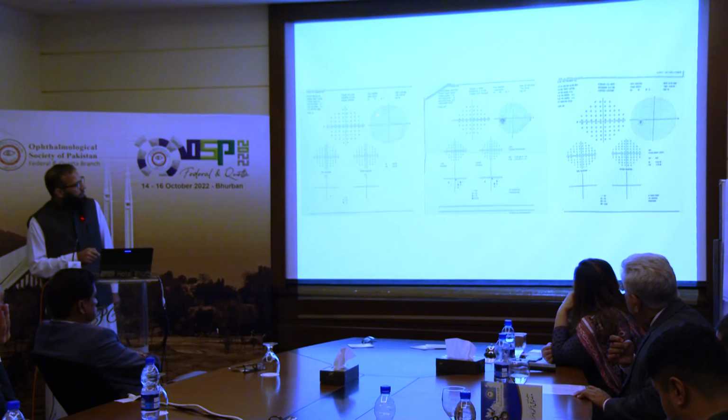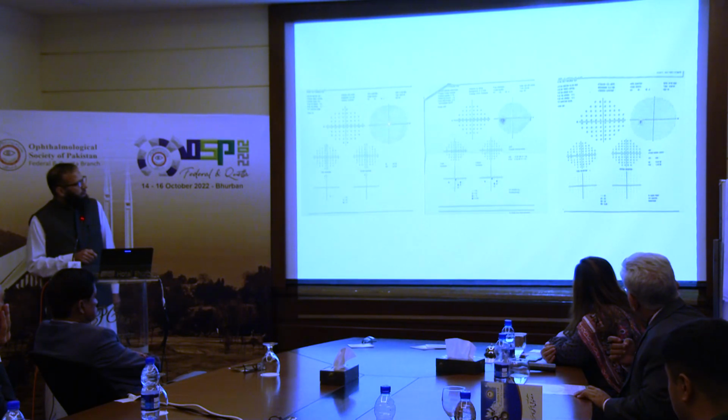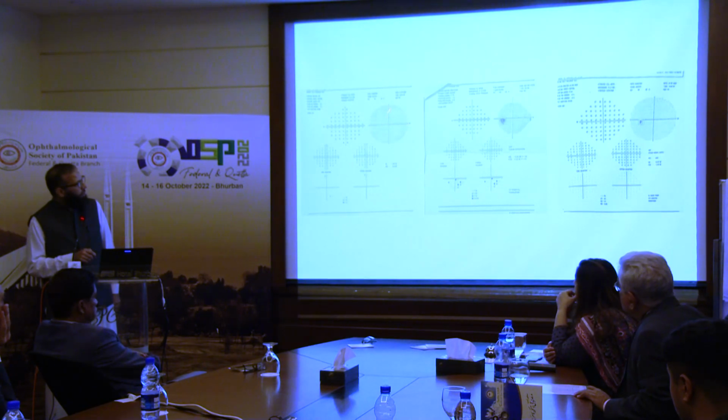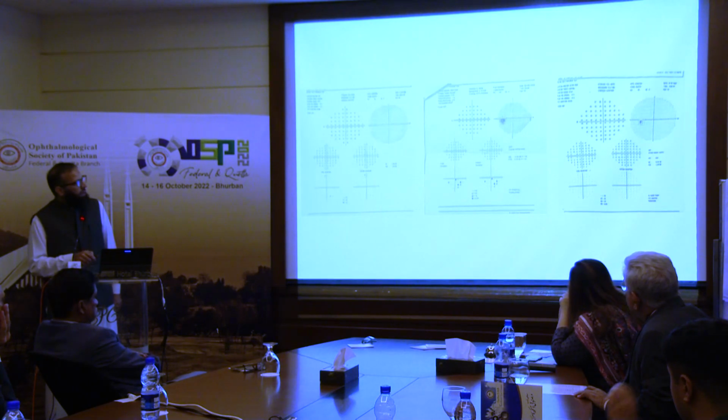Now the gray scales of visual field 10-2 and 30-2 are circular, because these tests cover equal degrees of visual field around the fixation. In 10-2, 10 degrees around the fixation. In 30-2, 30 degrees around the fixation.